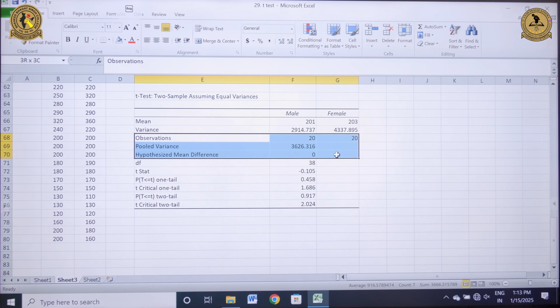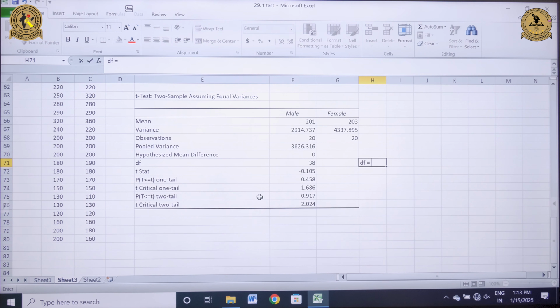Hypothesized mean difference is 0 and the degrees of freedom is 38. So my degrees of freedom equals 20 minus 1 plus again 20 minus 1, that is, the number of observations for male respondents minus 1 plus the number of observations for female respondents minus 1. The total comes out to be 38.